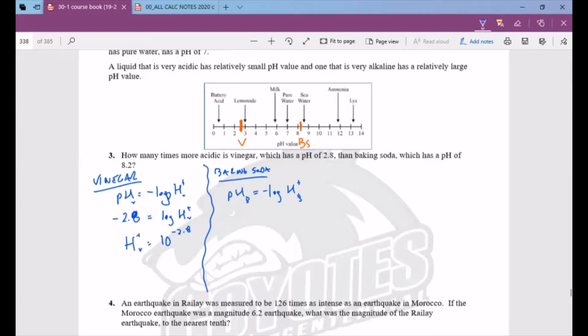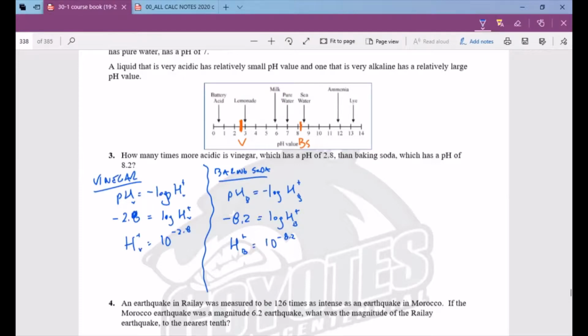Plug in our 8.2, multiply both sides by negative 1. We have negative 8.2 is equal to log of H plus, swapping it around into exponent form, H plus is equal to 10 to the negative 8.2.